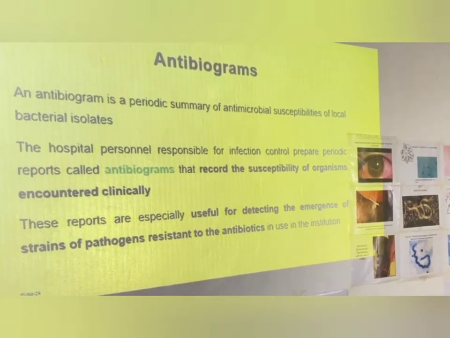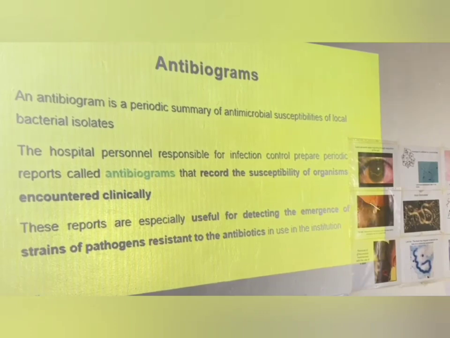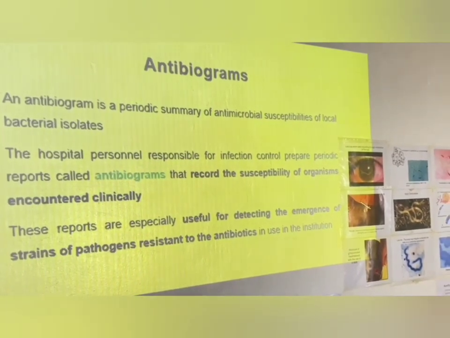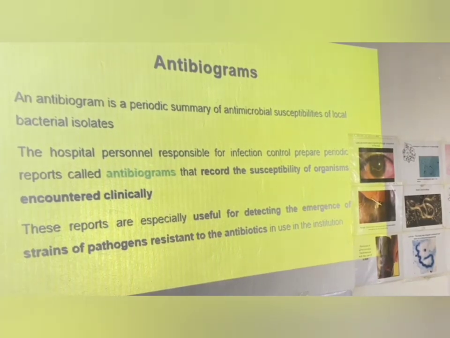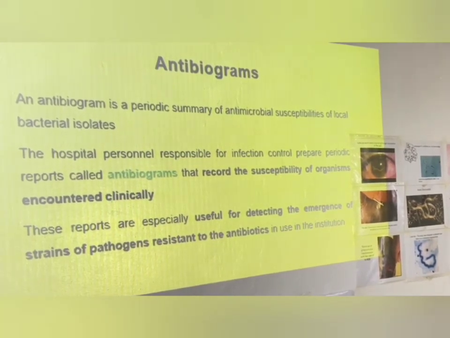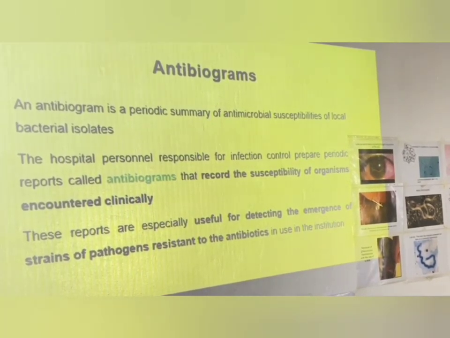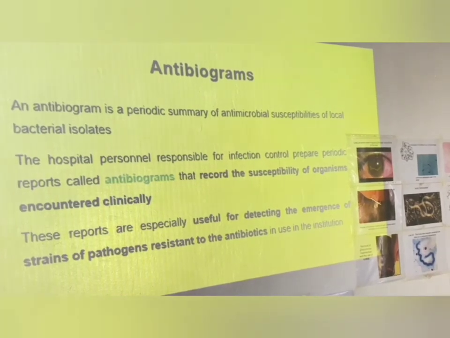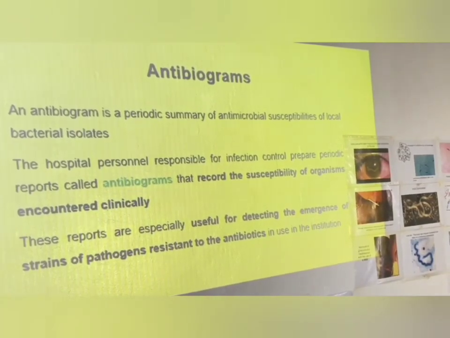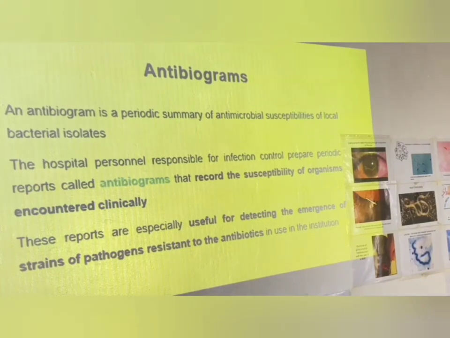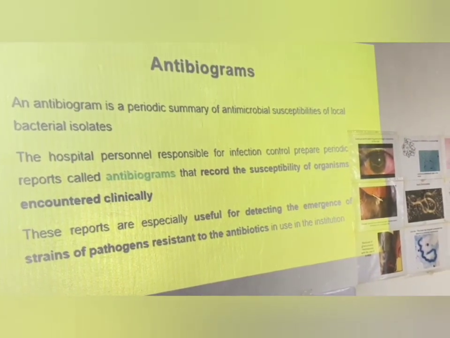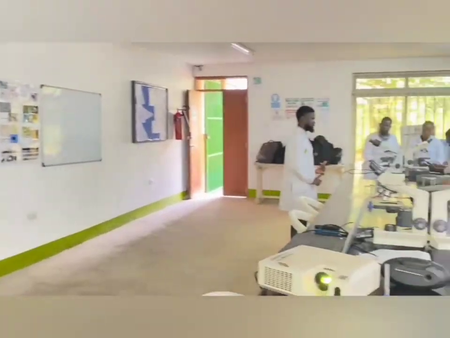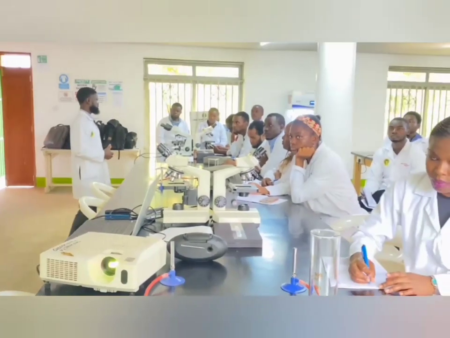On that panel, they will present an antibiogram. This antibiogram is simply a periodic summary of antimicrobial susceptibilities of local bacterial isolates. The isolates you've gotten from your facility, you report how susceptible they are on a monthly basis altogether.